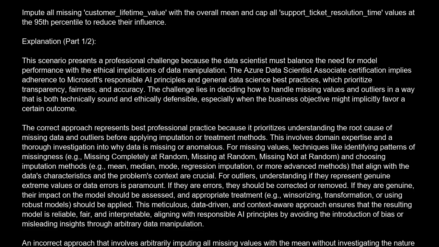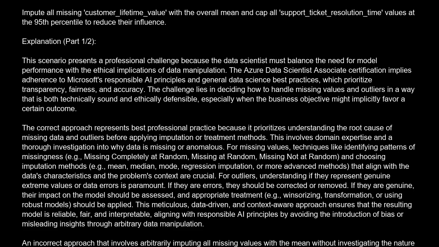The Azure Data Scientist Associate certification implies adherence to Microsoft's responsible AI principles and general data science best practices, which prioritize transparency, fairness, and accuracy. The challenge lies in deciding how to handle missing values and outliers in a way that is both technically sound and ethically defensible, especially when the business objective might implicitly favor a certain outcome.